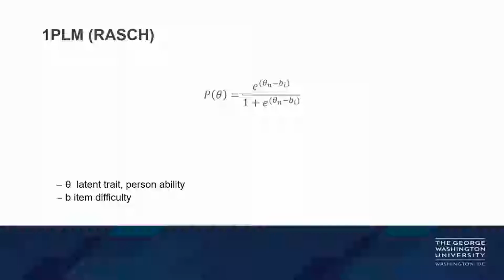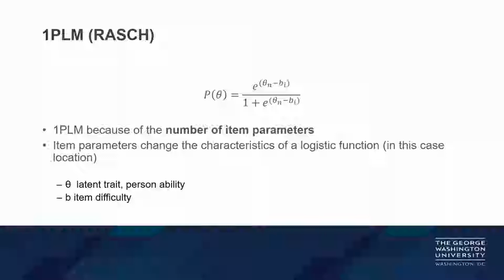So here we see in our model b sub i. So we have just parameters around difficulty. So it's a one parameter model. More specifically, this is a Rasch model. The number of item parameters can change the characteristics of the logistic function, and we'll see that later on.